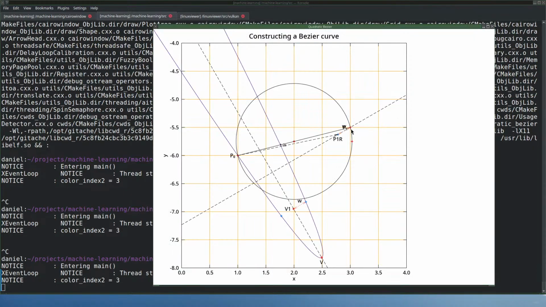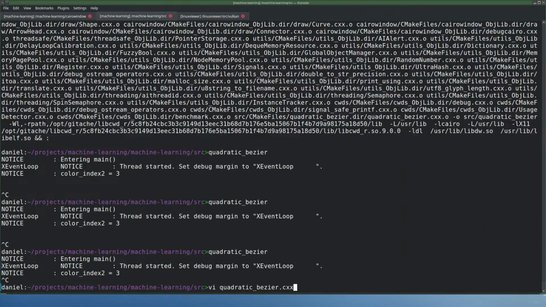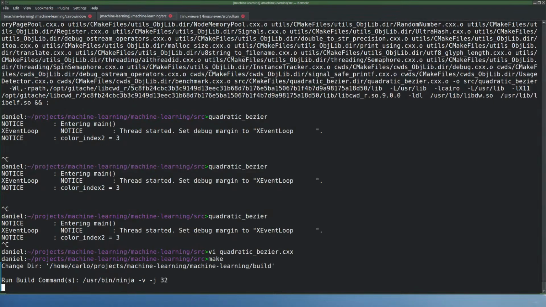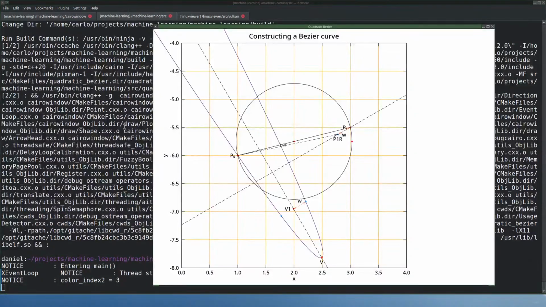So, yeah, this just the W of this is through the P1. Let's put W below it so we can read it. Is it this one? I think so. That's better.